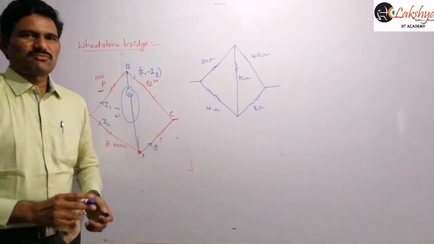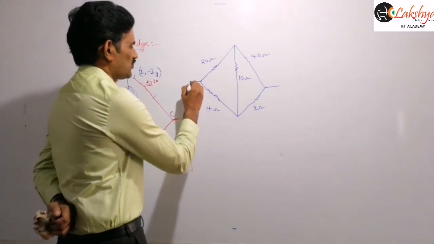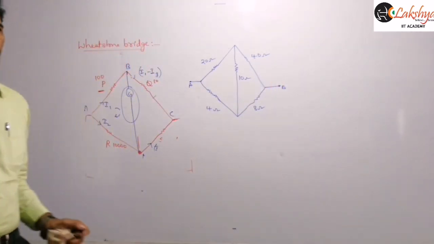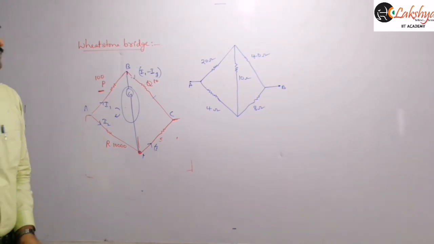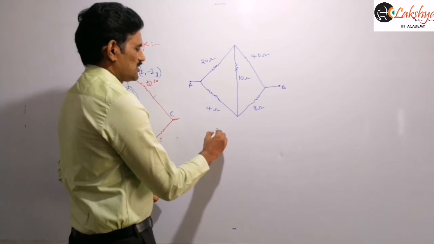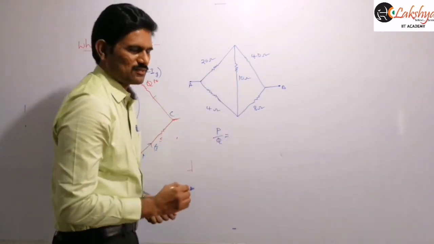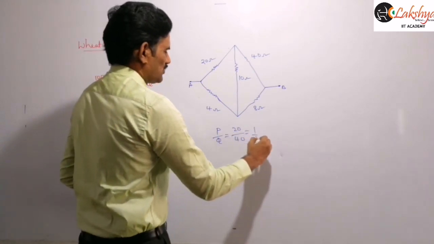Now, is this a balanced Wheatstone bridge or not? To verify that, we need to find the effective resistance between these two points. Here we verify P by Q, this is our P and this is Q. So P by Q is equal to 20 by 40, so we get 1 by 2.